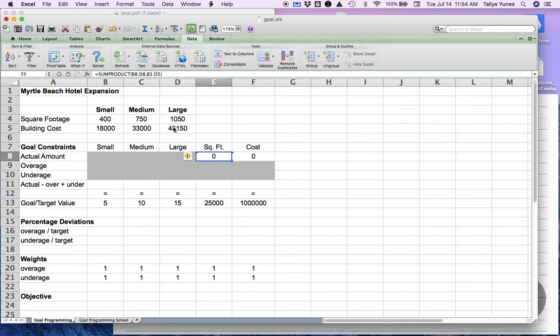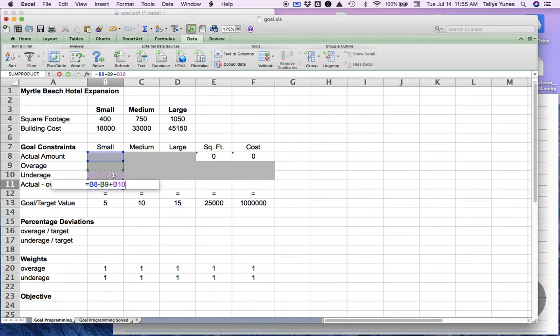So now we have all the actuals, because the actual of the small room is just a variable S itself. There's no formula. Here, actual minus overage plus underage, imitating what we wrote down in the math.